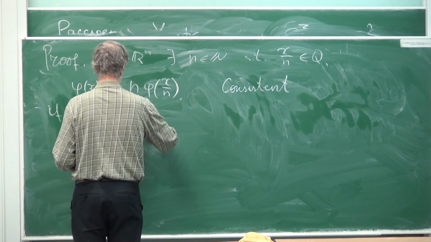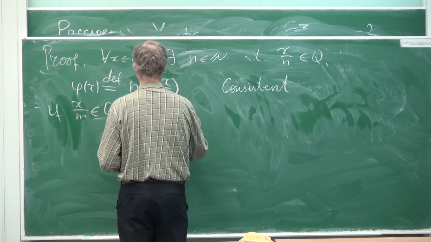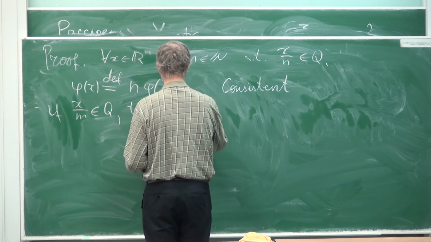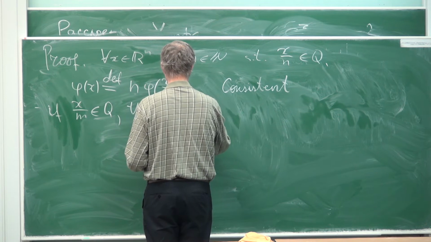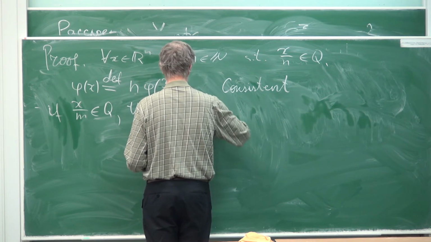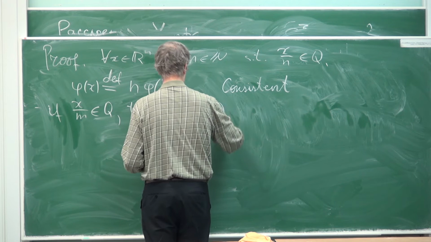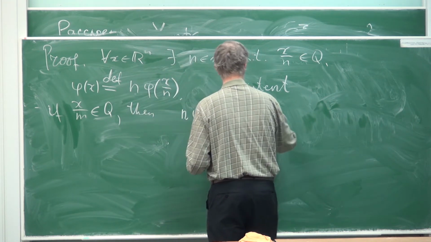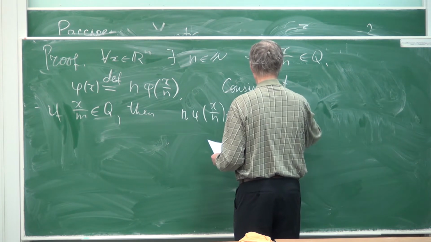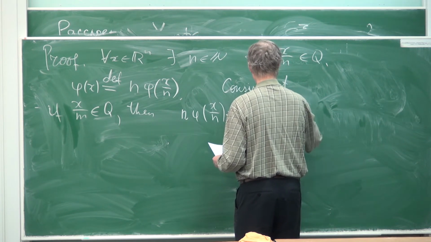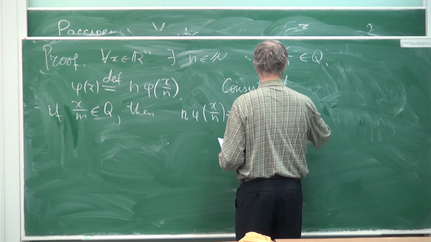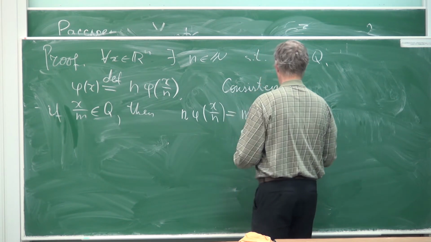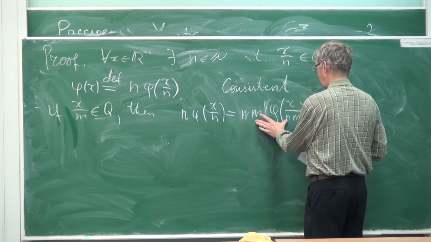then we can write in this way: n phi of x over n is equal to n m phi of x over n m, and this is by additivity.